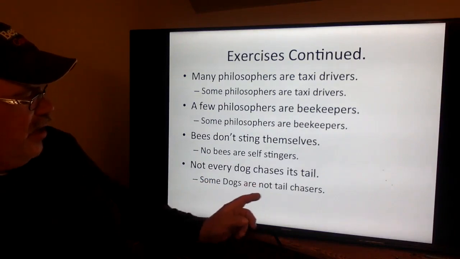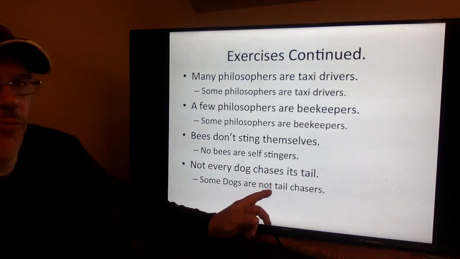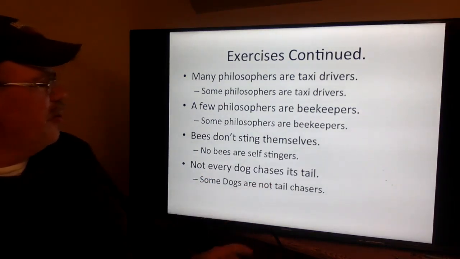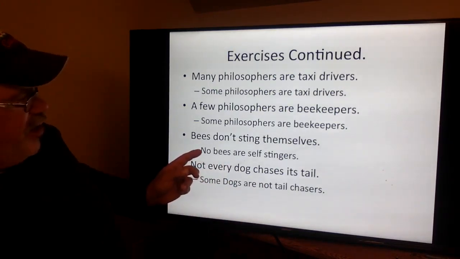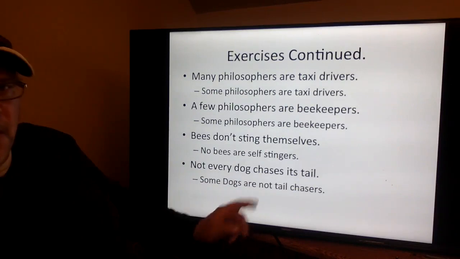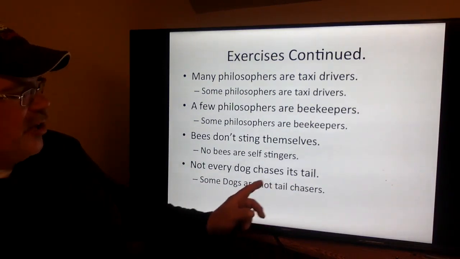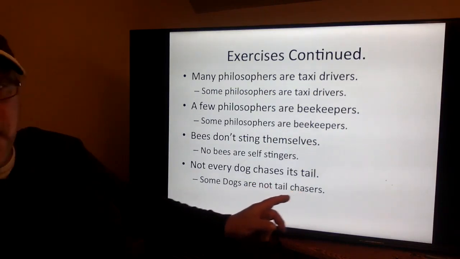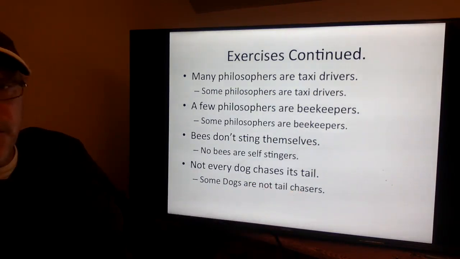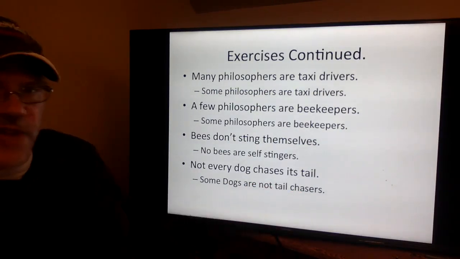That's one of the things that people tend to lose their grip on. The no is at the front, the not is in the middle of the statement, but it's still a logical operator there. It's still a logic word, not a meaning word, the way tail chasers is. So watch for that.